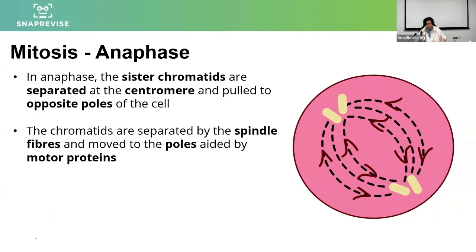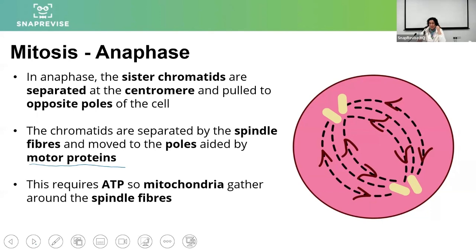The separation is aided by motor proteins that are able to contract and physically pull against the chromatids. This is an active process. It requires ATP. So you can sometimes see little visible mitochondria arranging themselves around the spindle fibers so that they can provide ATP.